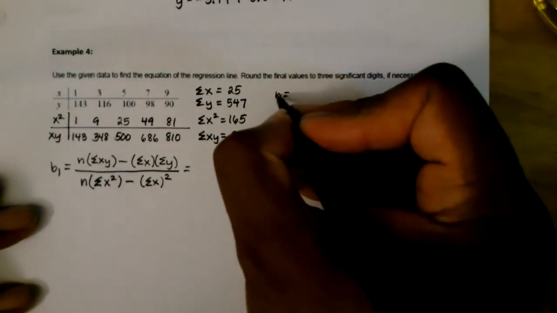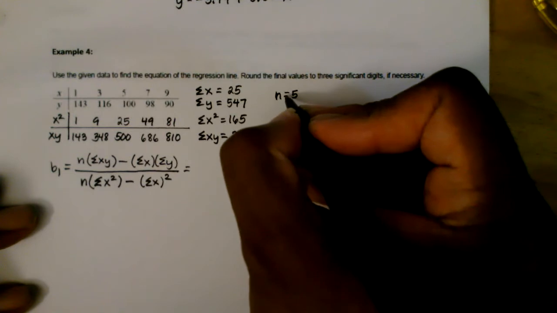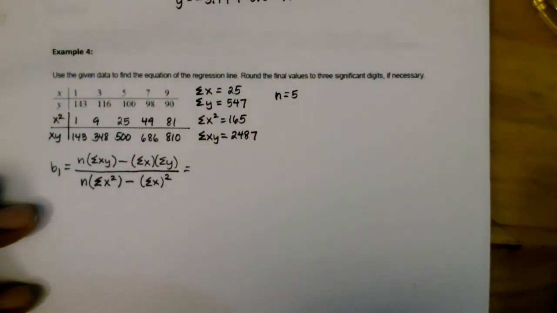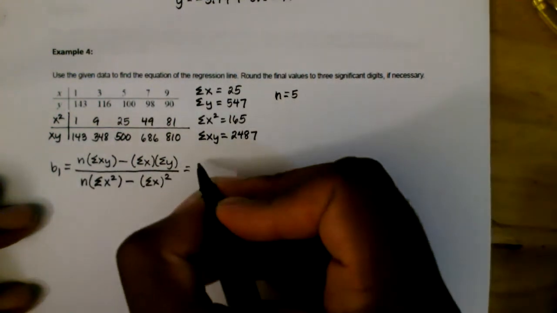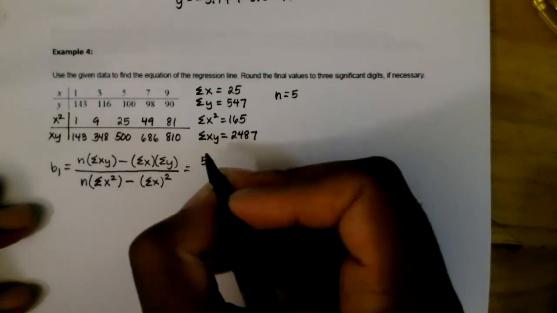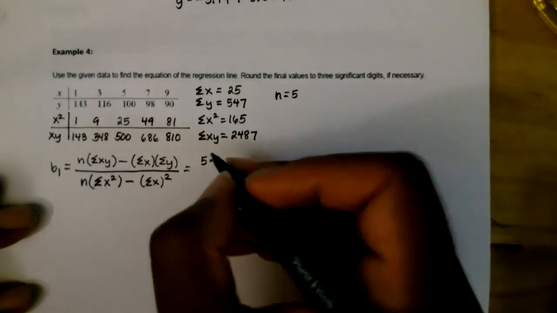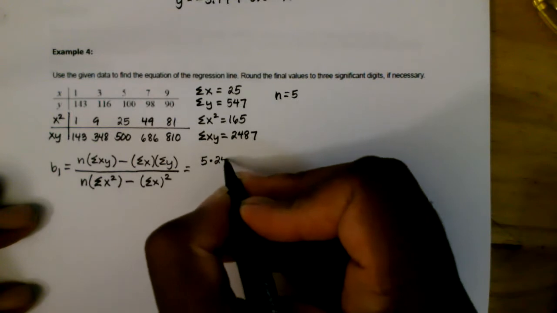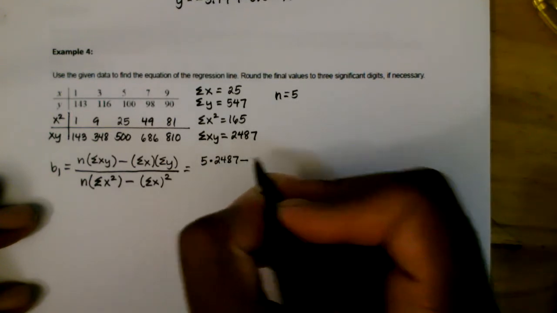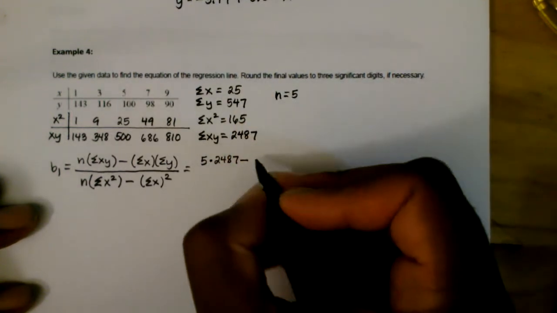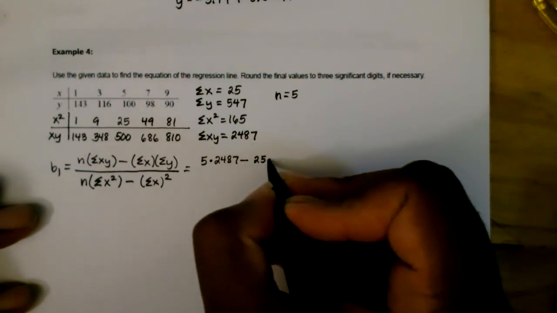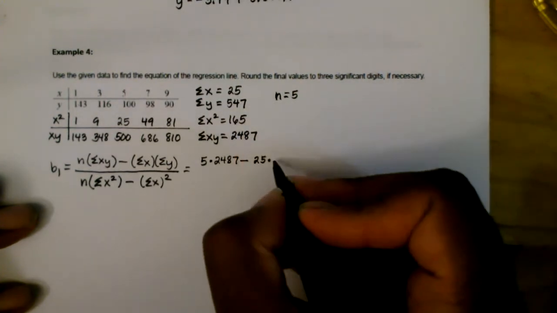Of course, there are 5 paired data, so n would be equal to 5. So n is 5, we just substitute, times the sum of the x times y, that's 2,487, minus the sum of the x, which is 25, times the sum of the y, that's 547.